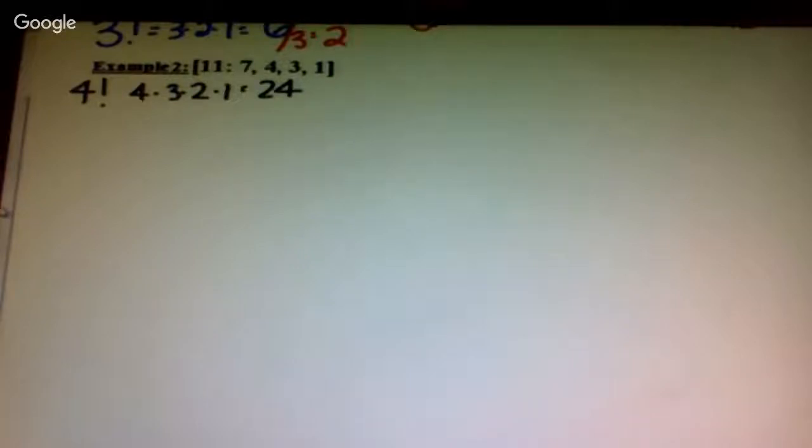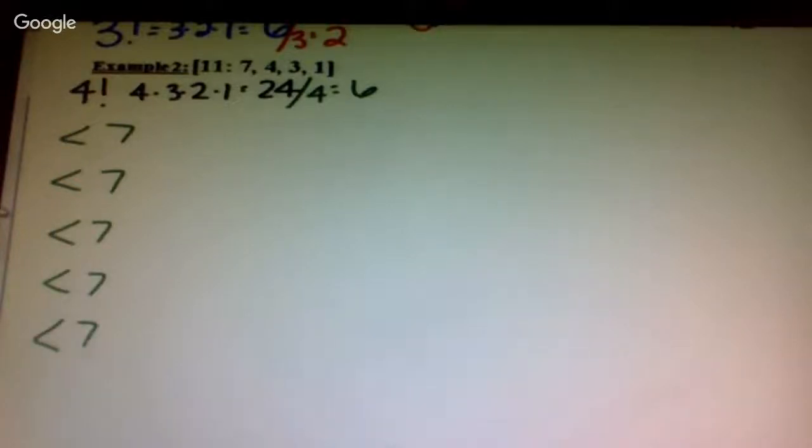So if I have 4 players and I divide this by 4, that means I have 6 coalitions that start with each player. So I have 6 that start with the number 7.